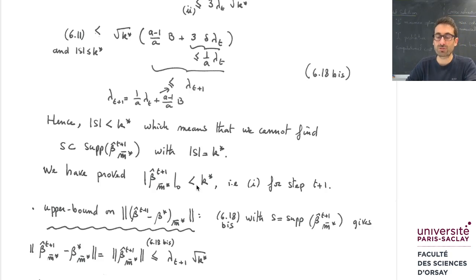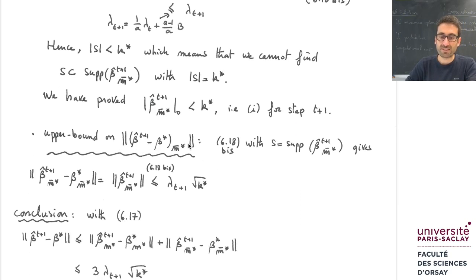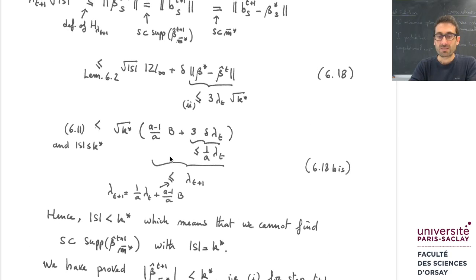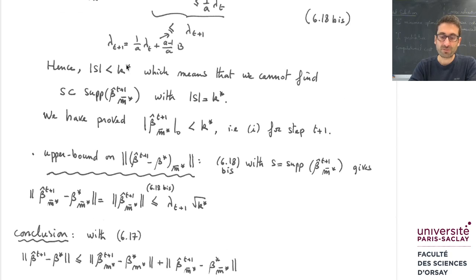So we have shown the induction for this statement, and now we have to prove the induction for the second statement. If we look at the difference here of beta at t plus 1 and beta star outside of the support of beta star, it is equal to beta at t plus 1 outside the support of beta star, since this is equal to 0.